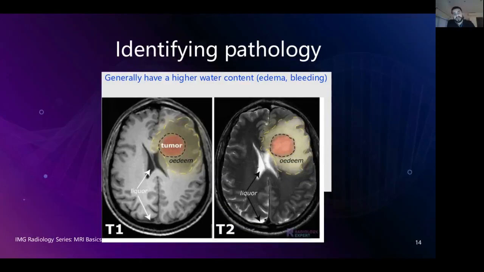But the surrounding edema around the tumor is also darker in comparison to the brain parenchyma, which presents differently to T2, where the fat is darker, and you can see the surrounding cerebrospinal fluid, which is more white, and in the middle, in the ventricular area, is a lot more white, and similarly, the edema surrounding the tumor is a lot whiter as well. So generally, if there's an abnormality in signals, and you're querying a pathology, most of the time there's a higher water content or fluid content, and it could be things like edema or even bleeding.